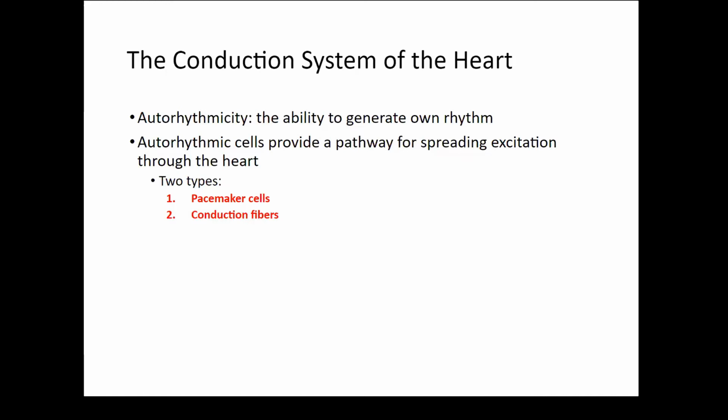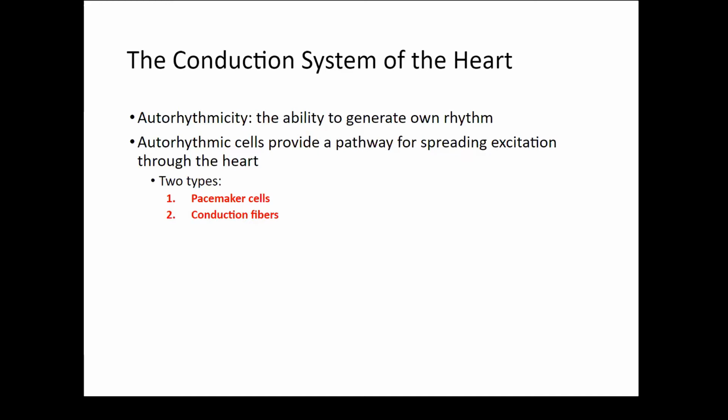If you put these heart cells in a petri dish, they would still create this electrical activity. It's really neat. And we saw that once before, very briefly, when we were talking about smooth muscle. It had some spontaneous depolarizations. This is like a really intense version of that. This is what controls the beating of our heart.